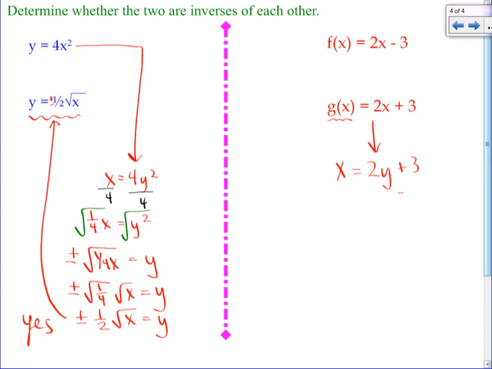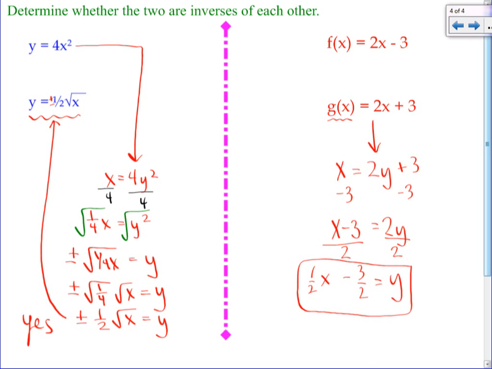So we'll subtract 3, x minus 3 equals 2y, and divide by 2. So we've got 1/2 x minus 3/2 equals y. Does this one match this one? No. So that one is not an inverse of the other one. Questions there?